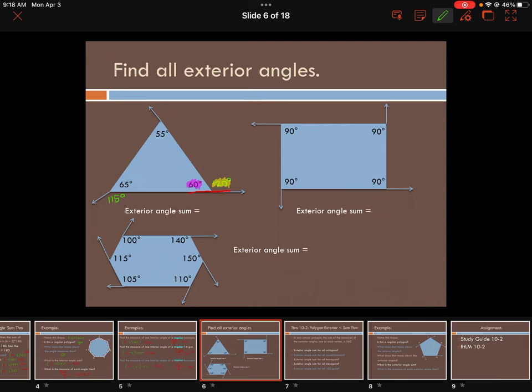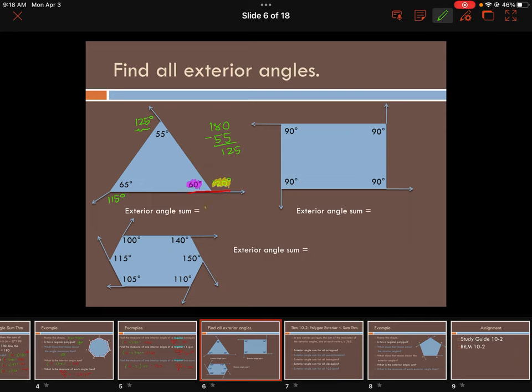So if I know the interior angle, I'm going to know the exterior angle. And again, the math, I'm just doing 180 minus 55 to get this angle. Okay, so we're going to focus on one exterior angle at each vertex.